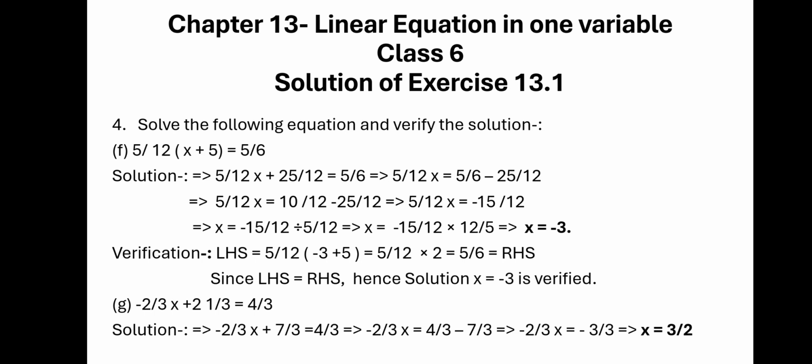So negative 2 when you take it on the other side, both have become positive now. So we have to take 2 on the other side, and therefore it will be divided. So x equal to 3 upon 2 is the solution.